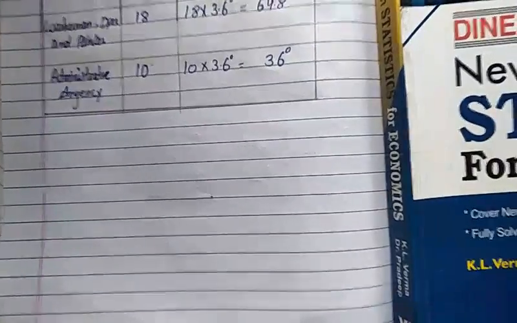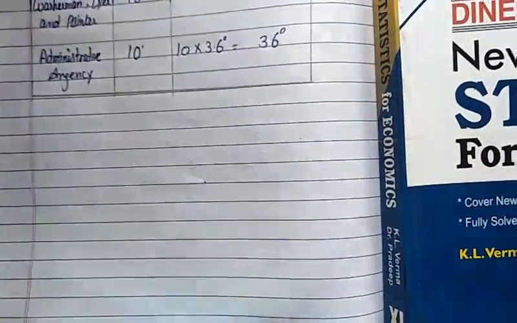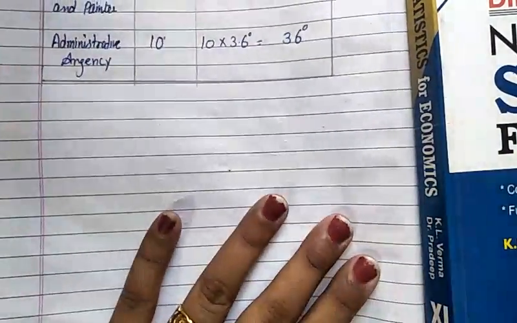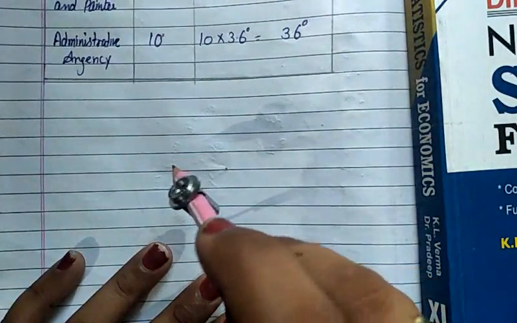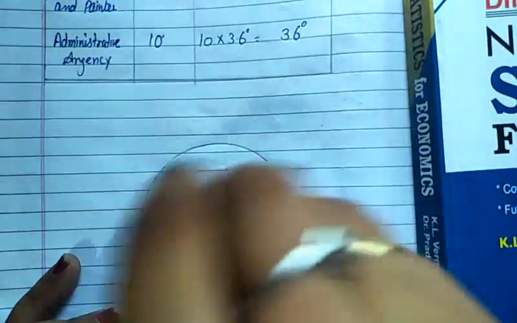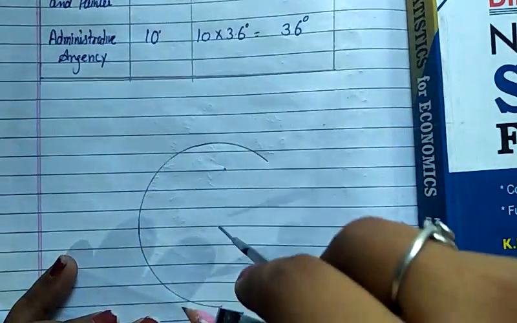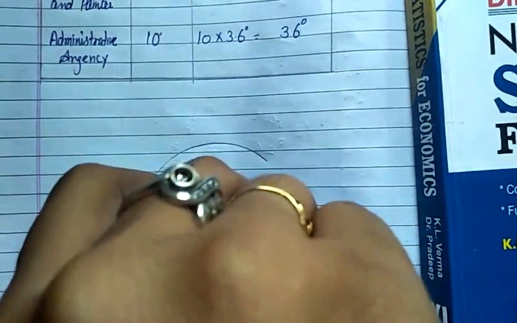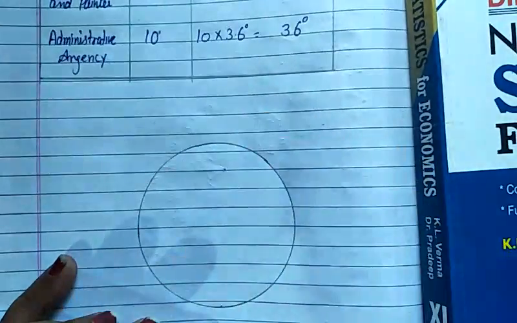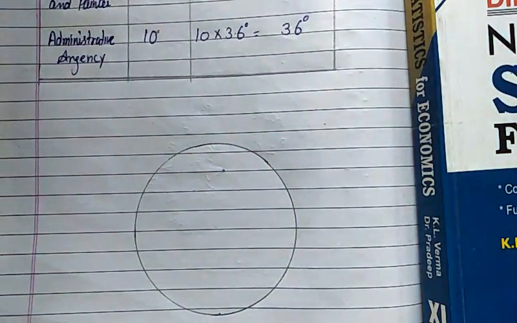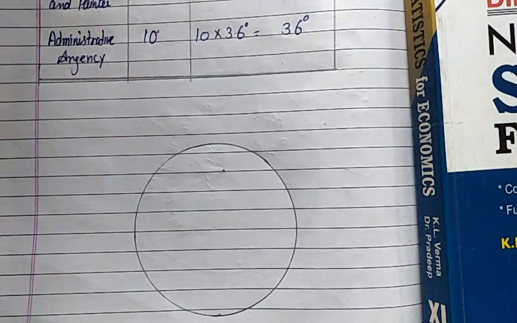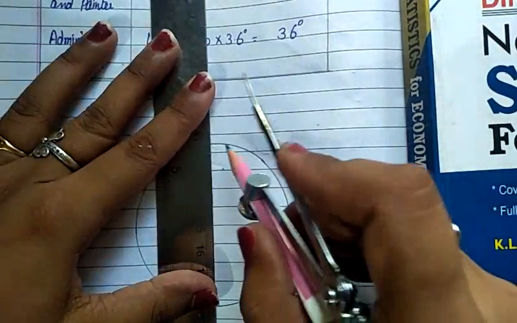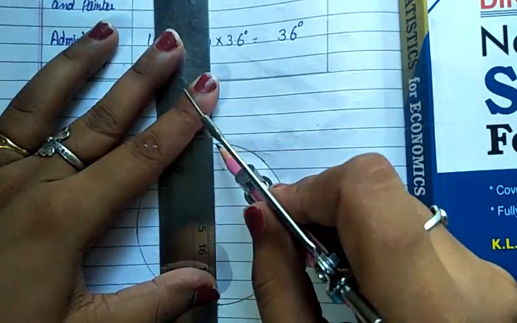Okay, so first of all I will draw a circle like this. Now I made a line here.